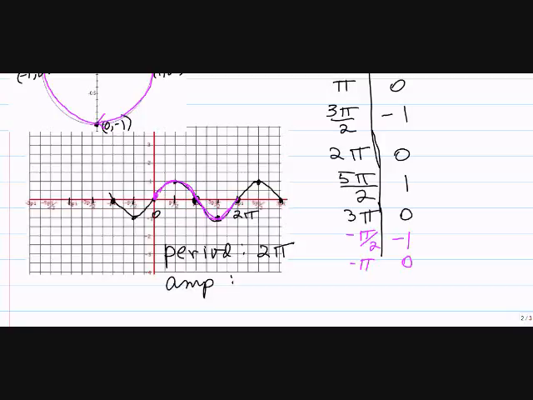Amplitude is how tall it is divided by 2. So this has a total distance of 2 between the lowest point and the highest point, vertically. So that gives me an amplitude of 1.